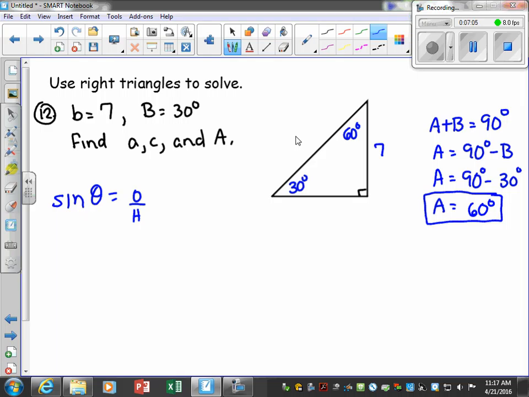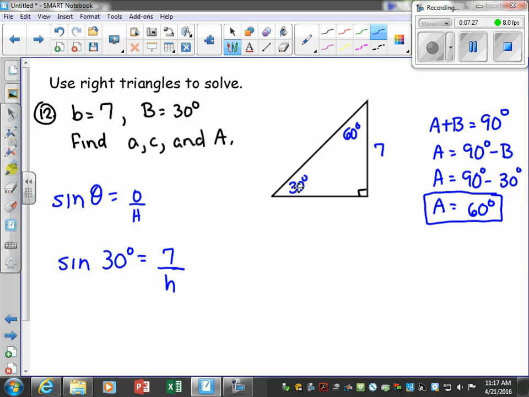So let's do sine of theta, opposite over hypotenuse. So it gives me one given and one thing that I don't know. What is going to be the angle that we're using? 30. So opposite is 7. And what's the hypotenuse? We don't know, right?